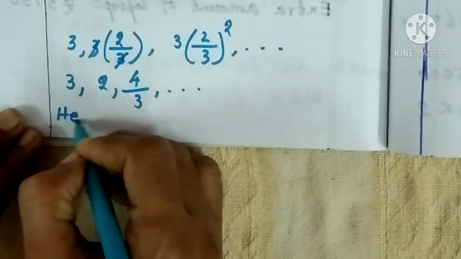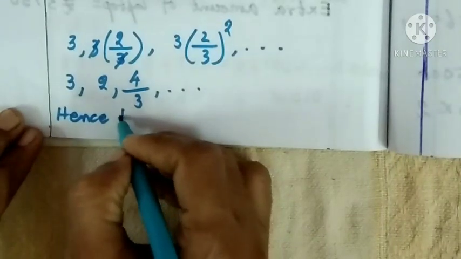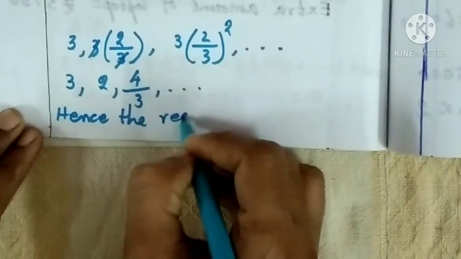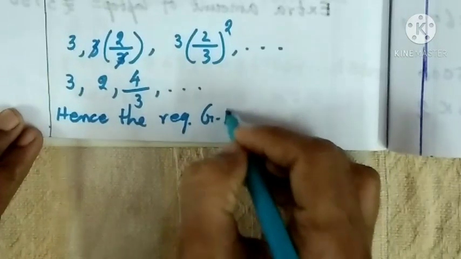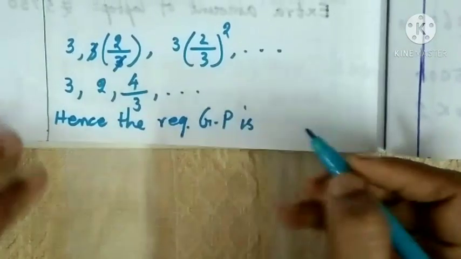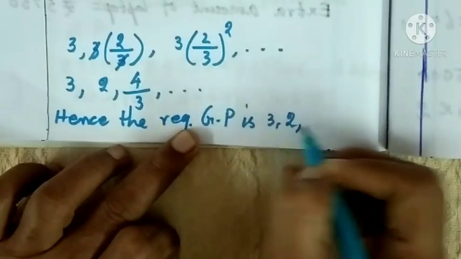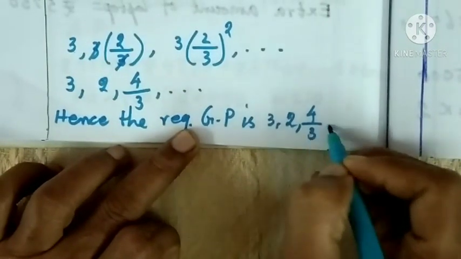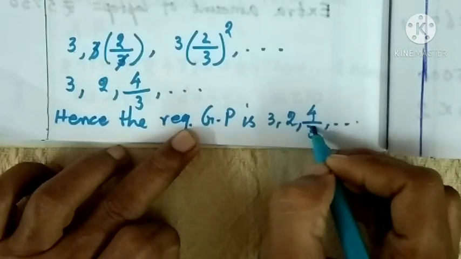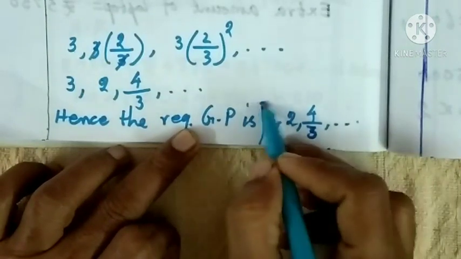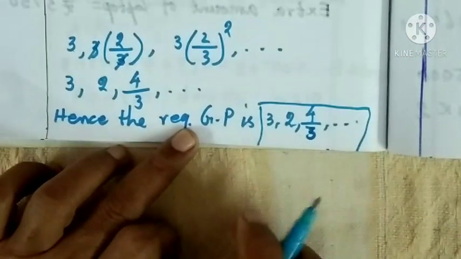Hence the required GP is 3, 2, 4 by 3 and so on. This is the answer for this question.